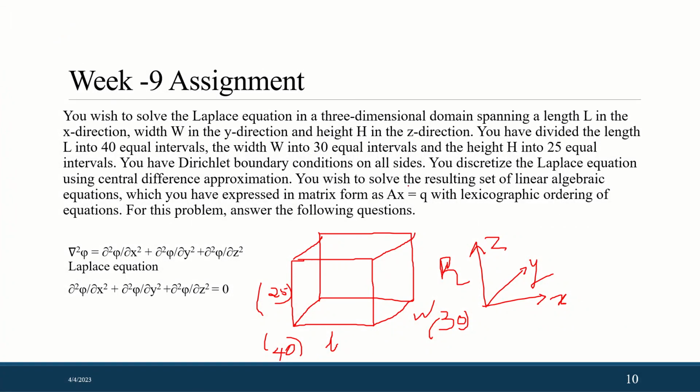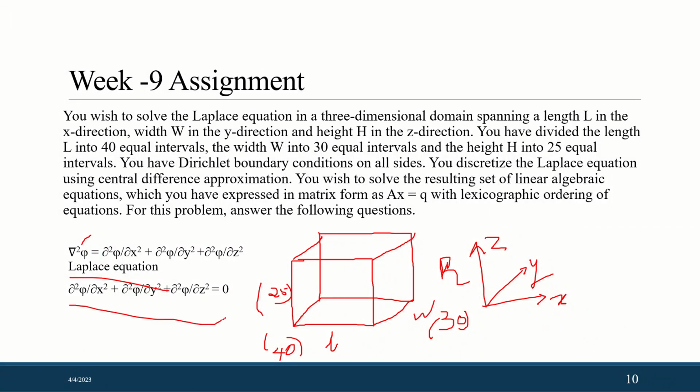You wish to solve the resulting set of linear algebraic equations, which you have expressed as Ax is equal to Q. The Laplace equation is given by del square phi equal to dou square phi by dou x square plus dou square phi by dou y square plus dou square phi by dou z square. In Poisson equations, it was equal to some specific values depending on the problem, whereas in Laplace equations that becomes 0.